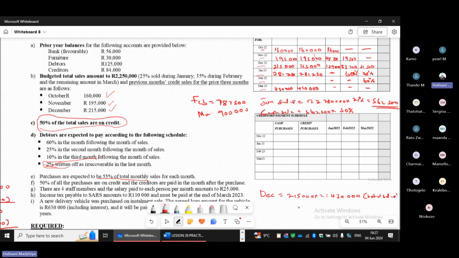Once you have got the total sales, it says that purchases are expected to be 55% of sales of each month.